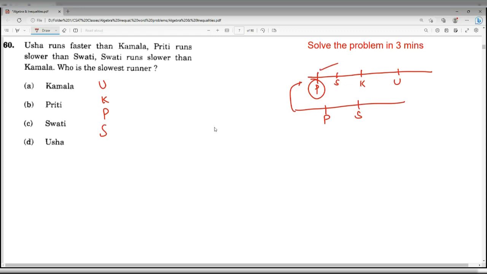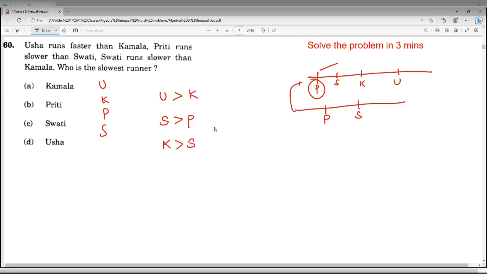Or what you can do is use these inequalities. Usha runs faster than Kamala. Preeti runs slower than Swati, so Swati is greater than Preeti. And Swati runs slower than Kamala, so Kamala should be greater than Swati. Who is slowest?